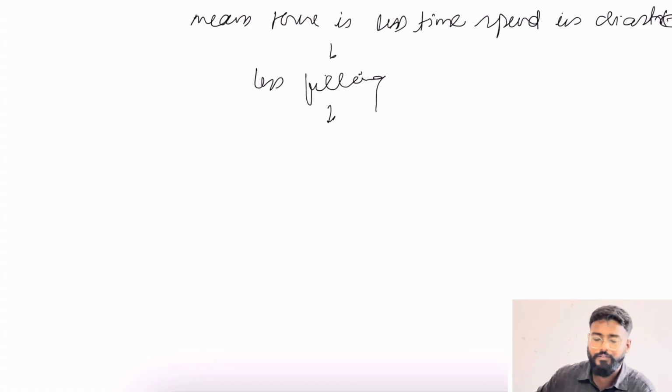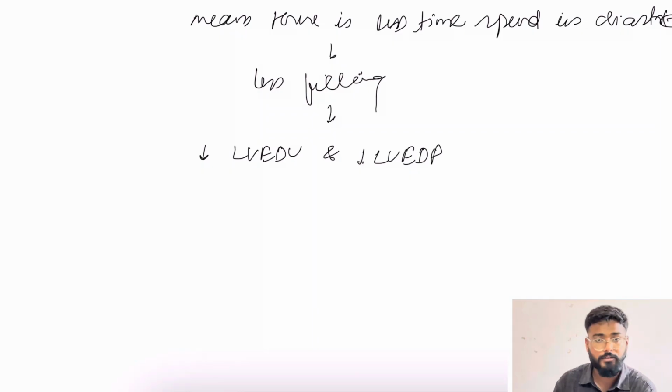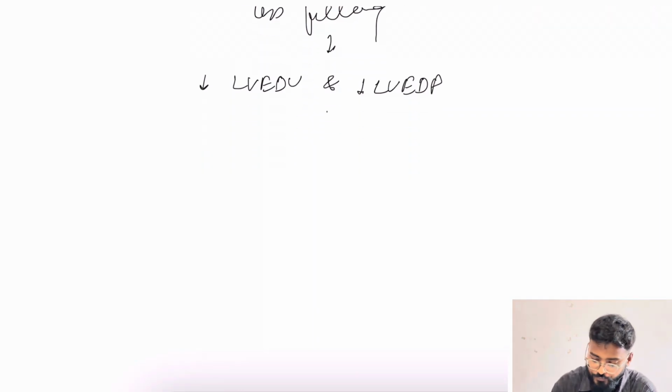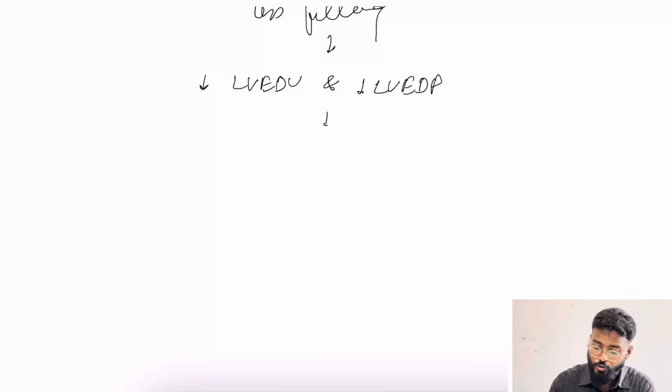So this less filling means there will be decreased left ventricular end-diastolic volume, which in turn is going to decrease the left ventricular end-diastolic pressure. It's obvious. As we saw, the left ventricular end-diastolic volume and the left ventricular end-diastolic pressure are the representation of your preload. So now they are decreased, so your preload is also going to decrease.